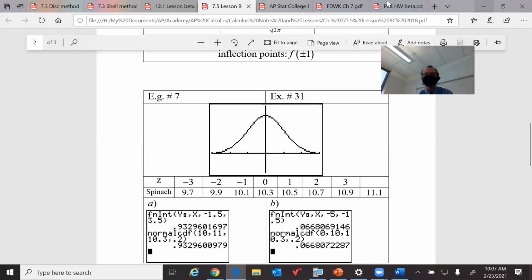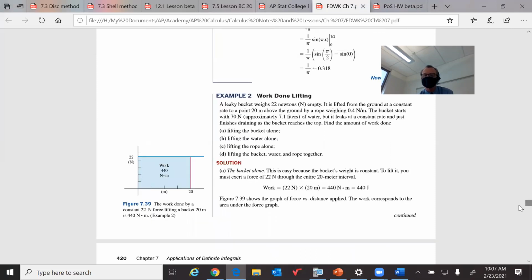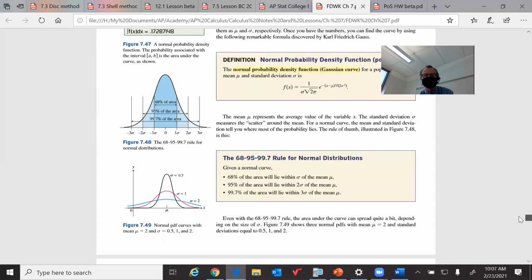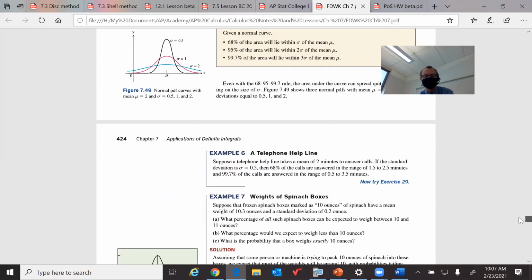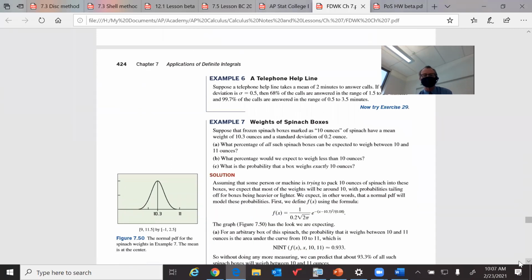So if we go back to the example, it's about spinach boxes, okay? And it tells you the mean is 10.3 and the step is 0.2 of an ounce.